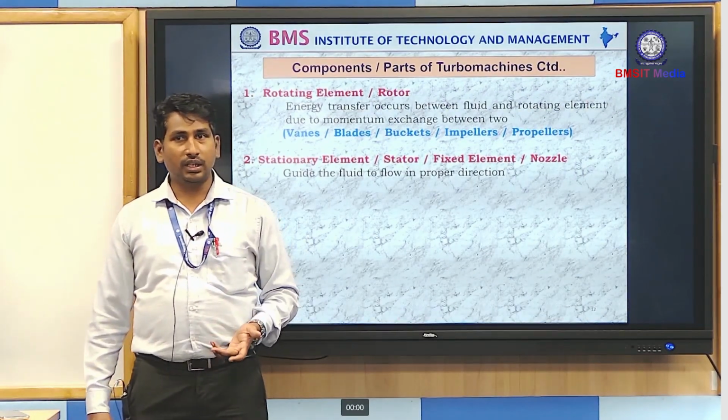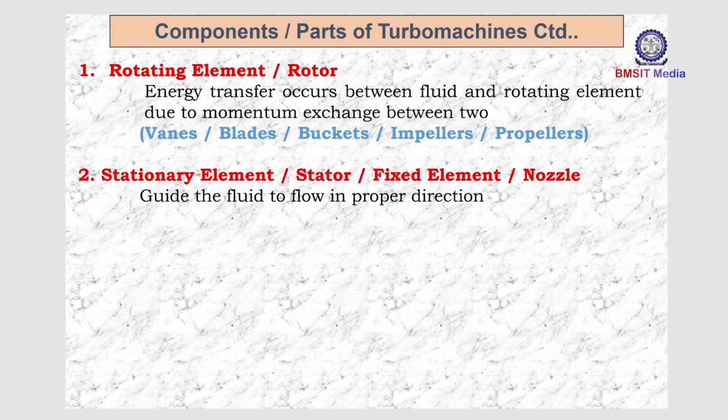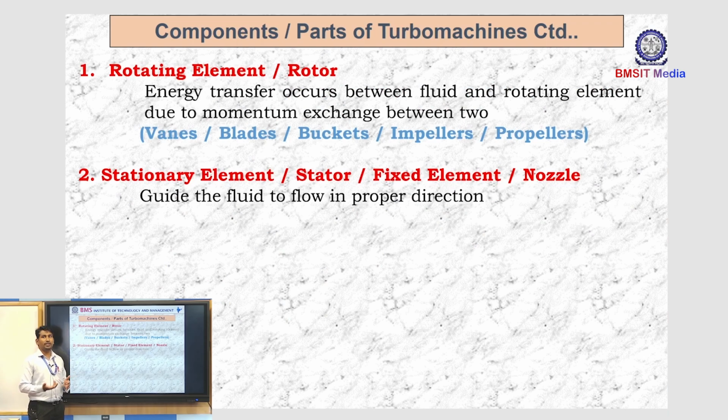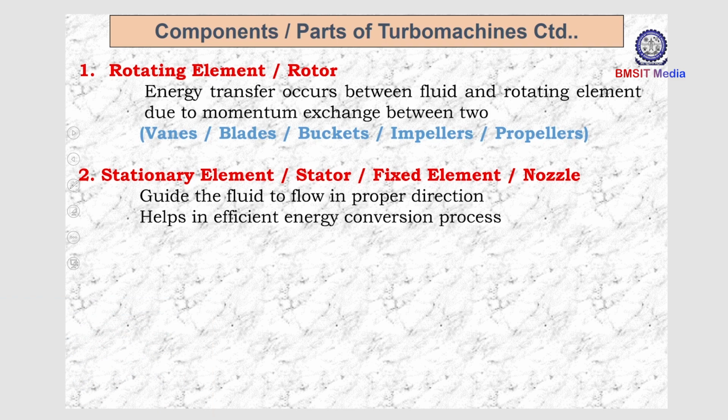The function of a stationary element is to guide the fluid, to tell in what direction the fluid has to flow. So it is called a guide blade, fixed blade, stationary element or the fixed element, nozzle. There are so many names for the guide blades, which help in the efficient energy conversion process.